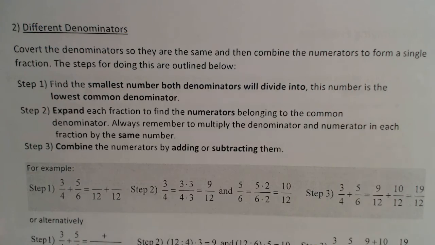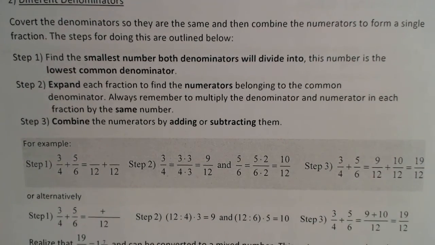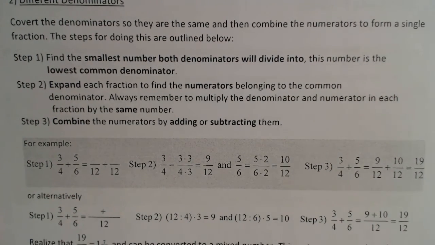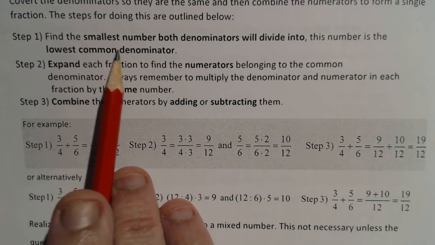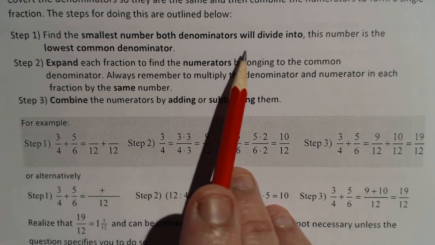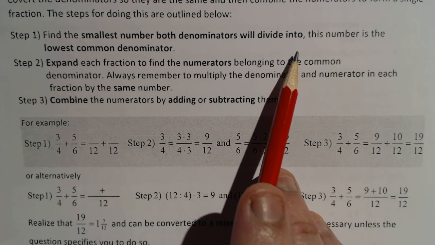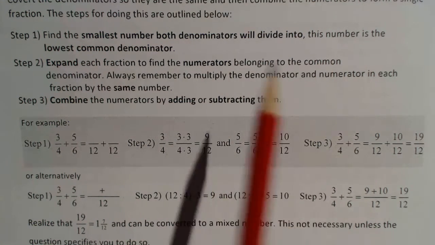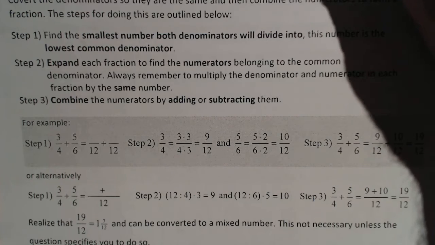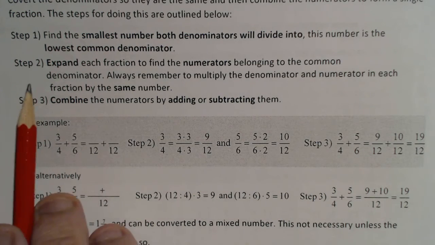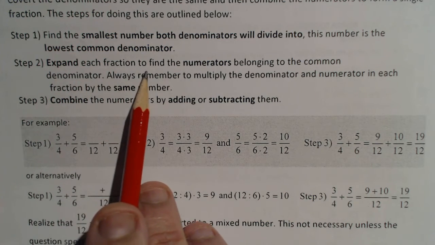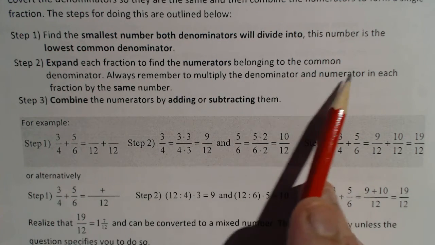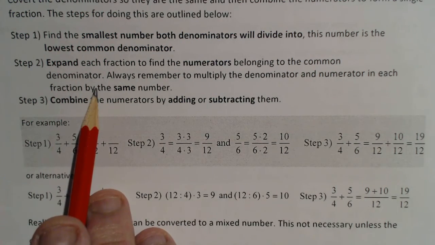Now these are the steps which we followed in the last example. Step 1, we need to find the smallest number both denominators will divide into. Now this number is the lowest common denominator. Then step 2, need to expand each fraction to find the numerators belonging to the common denominator. Okay, that's what we did.